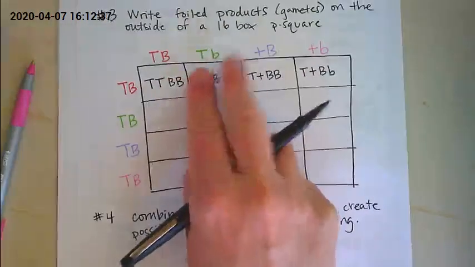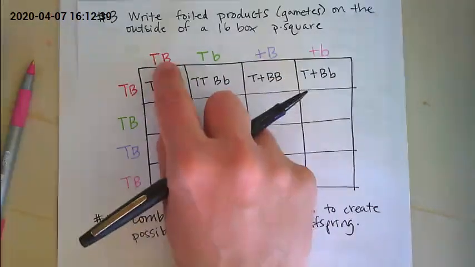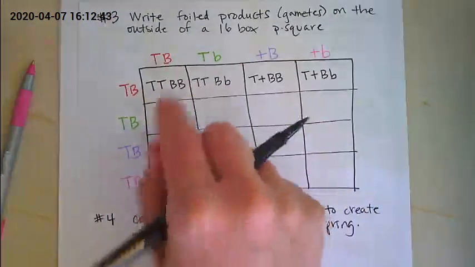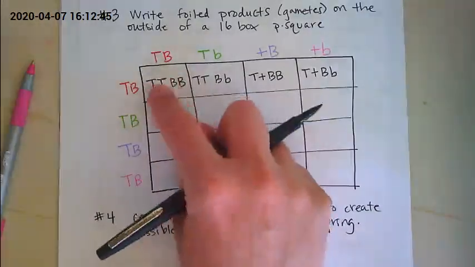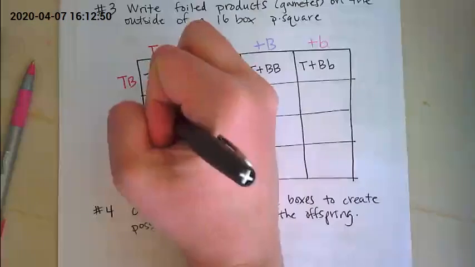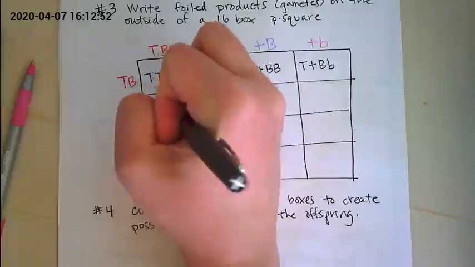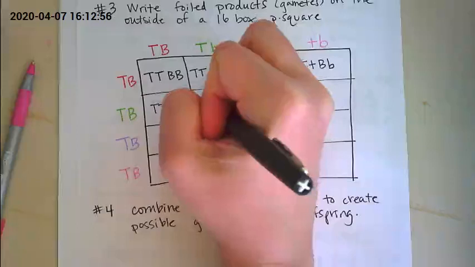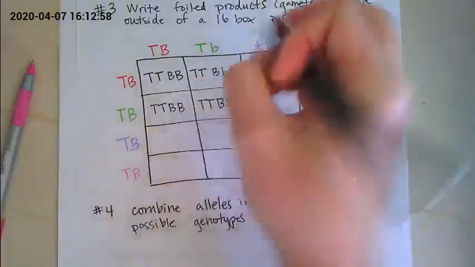So we just combine the letters back together, and you'll see we have haploid gametes on the outside. We've got haploid sperm, haploid eggs, and then they come together to make a diploid person. So, alrighty, let's just keep going. Big T, big B, big B. Big T, big B, little b.